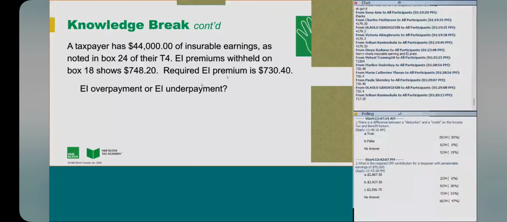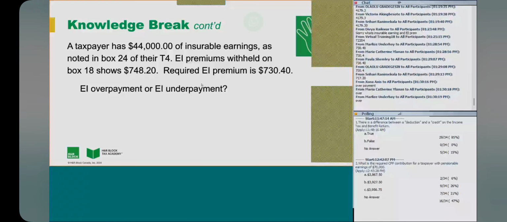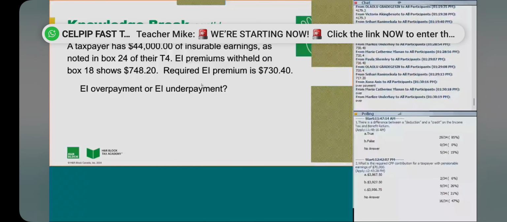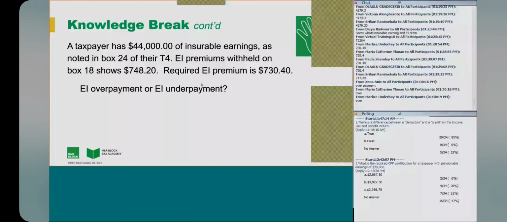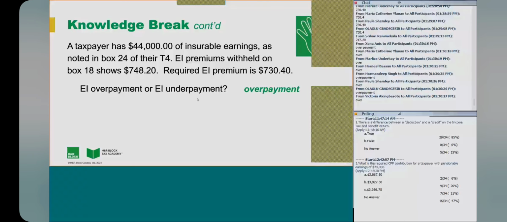So, first of all, is this an overpayment or an underpayment? Good. Correct. This is an overpayment.